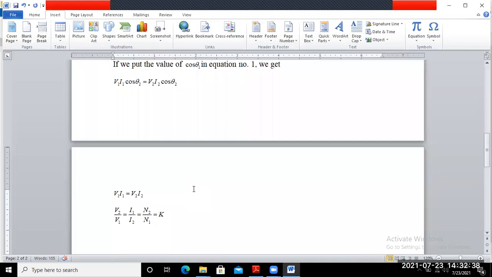We obtain better utility of the autotransformer if this K value lies near to unity, that means near to 1.